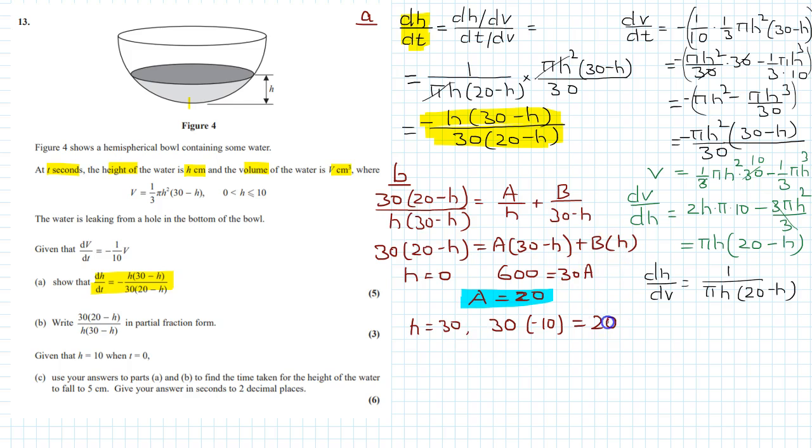Sorry, h is 30. So 30(20 minus h), this is 0, and this is 30b. So it shows b is equal to minus 10.